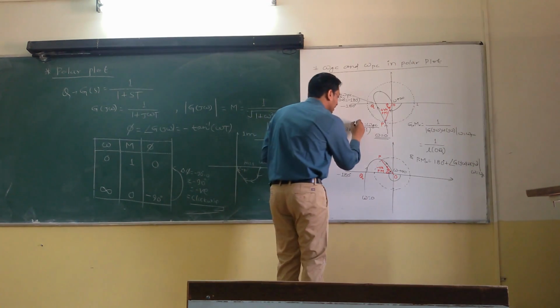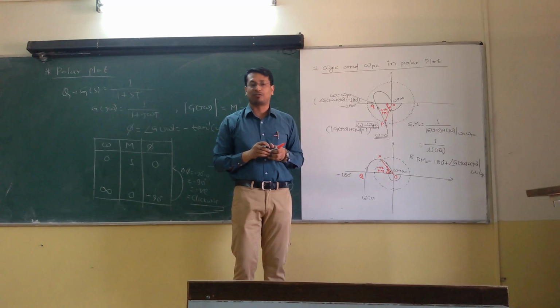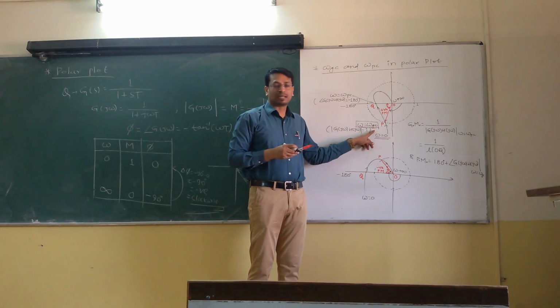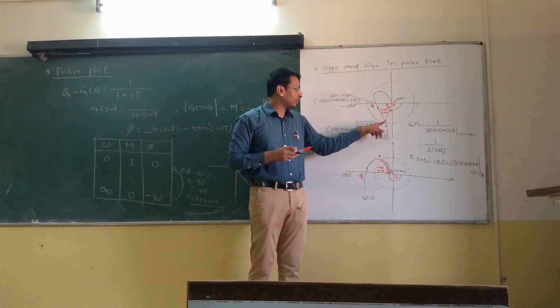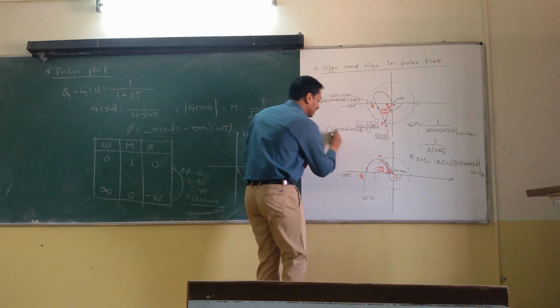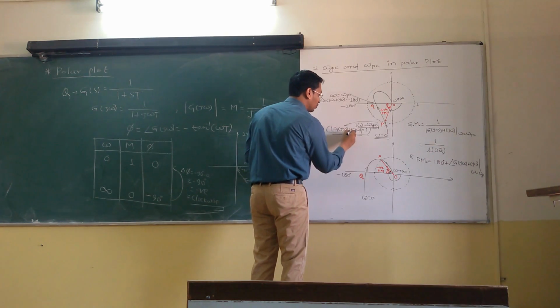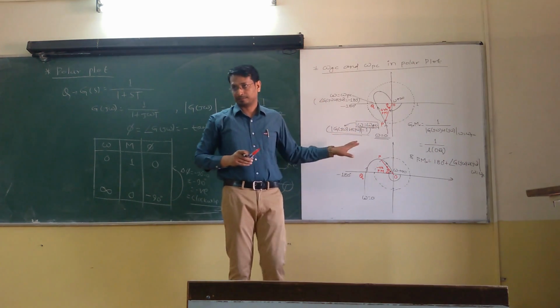I am going to say this is omega equal to omega Gc, because we have just found that it is the gain crossover frequency where the gain becomes unity. So at this point, omega equal to omega Gc, the magnitude of G(jω)H(jω) is equal to 1.